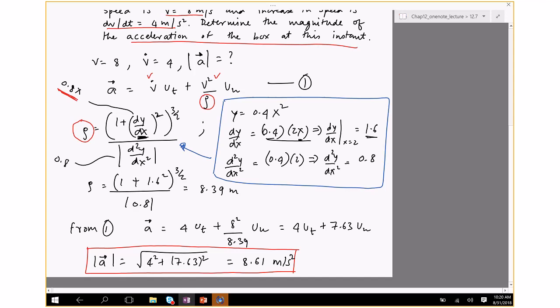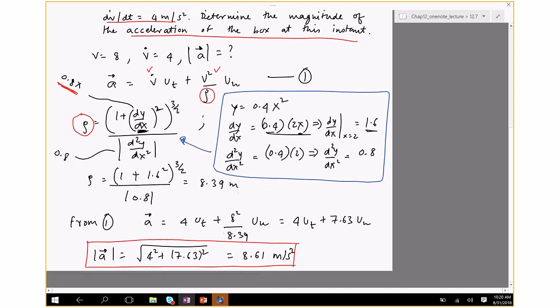That's showing that as the box slides, the radius of curvature keeps changing because x keeps changing. So remember that the radius of curvature is not constant for a generic curve. If it's a circle, you can do that computation and it will come out to be a constant, the radius of the circle. So it's not a constant. You'll have to evaluate it. If I ask you to find acceleration at different points, you'll have to repeat the calculation for rho at different points because the radius will change.